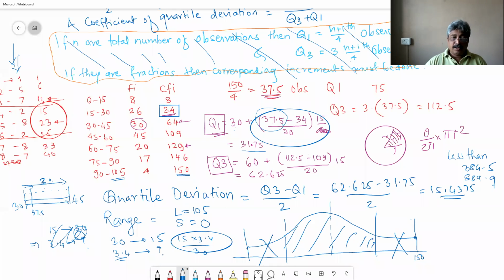The width should be 1.75. This is a straight line, this is the slope. I think we are spending a good amount of time on this. L is equal to 105, S is equal to 0. Therefore, range is 105.